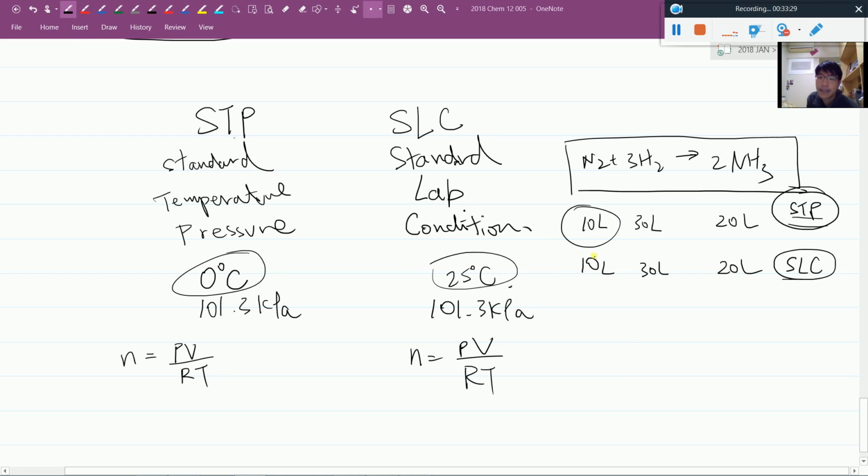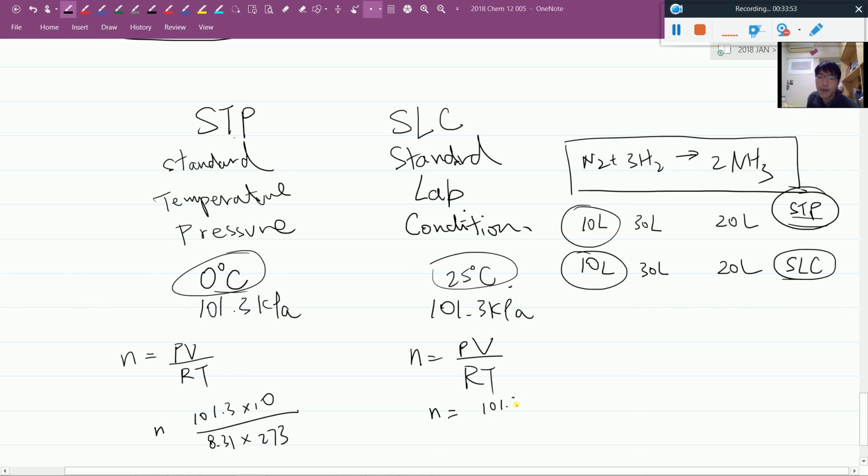Using 10 liters as an example, the pressure is 101.3 times 10 over 8.31 times 0 degrees, which is 273. Then we have exactly the same, except 0 degrees becomes 25 degrees.